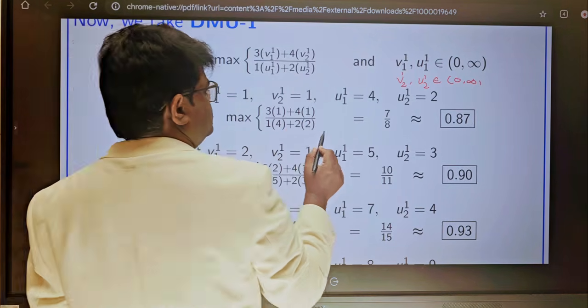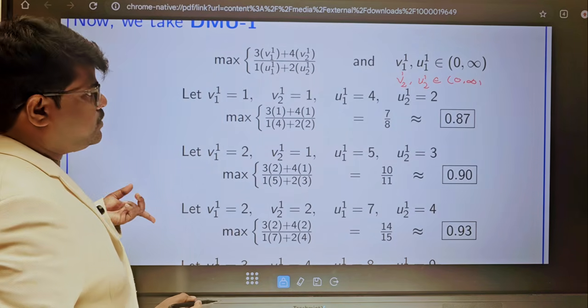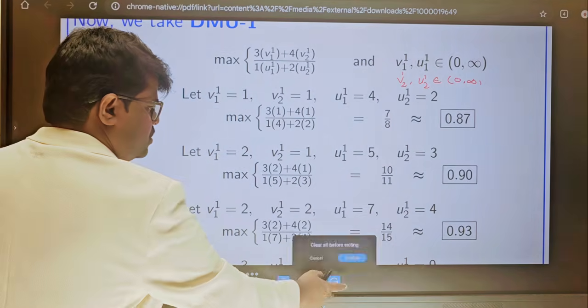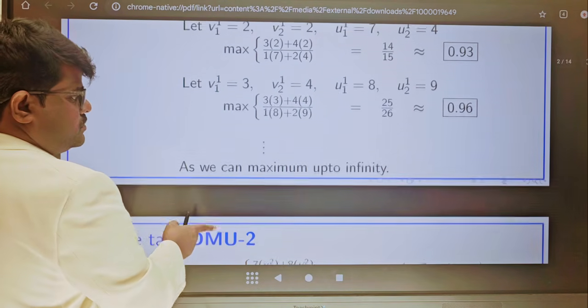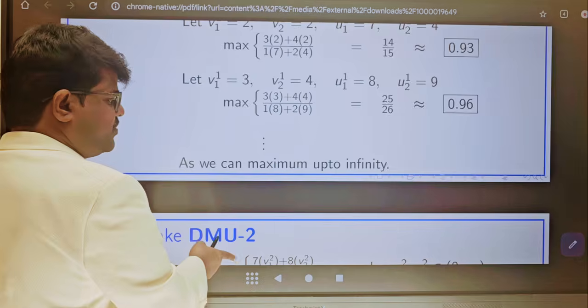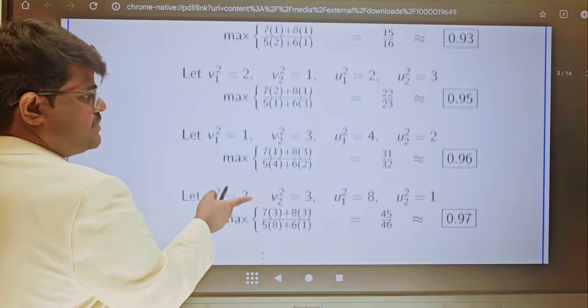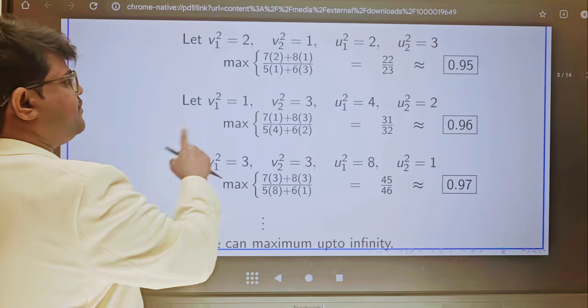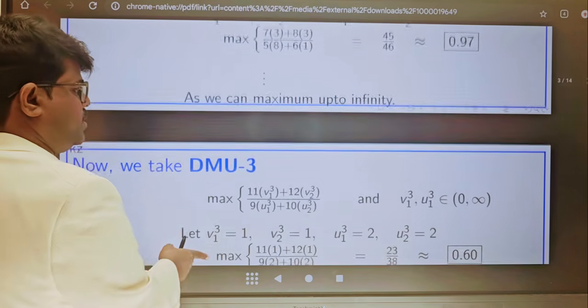So for DMU1 we can increase up to infinity. Similarly, DMU2, we can increase up to infinity by taking different values of V1, U1, V2, U2.